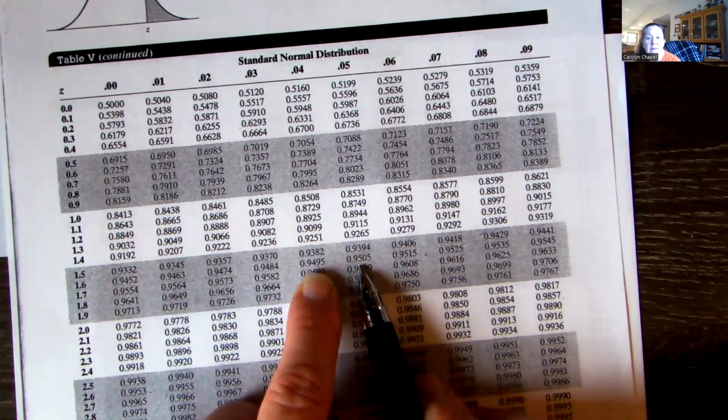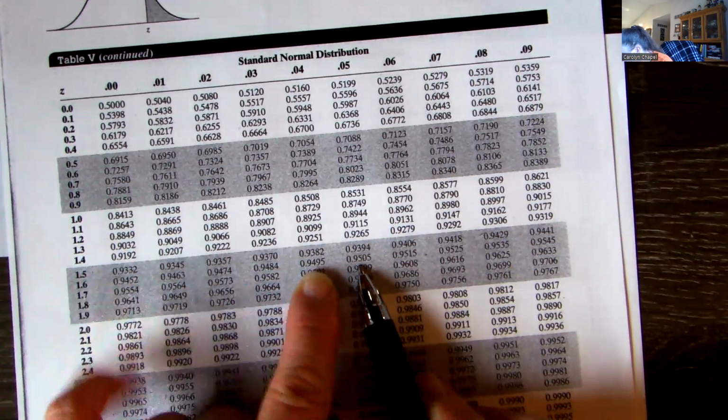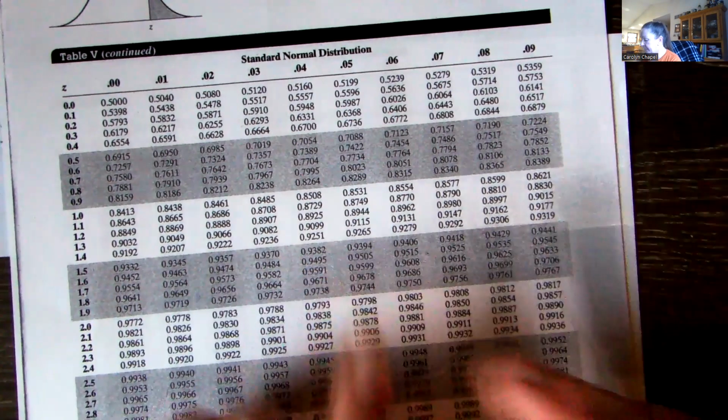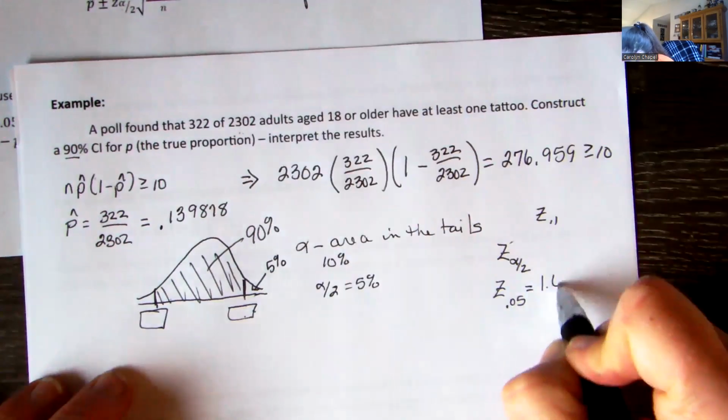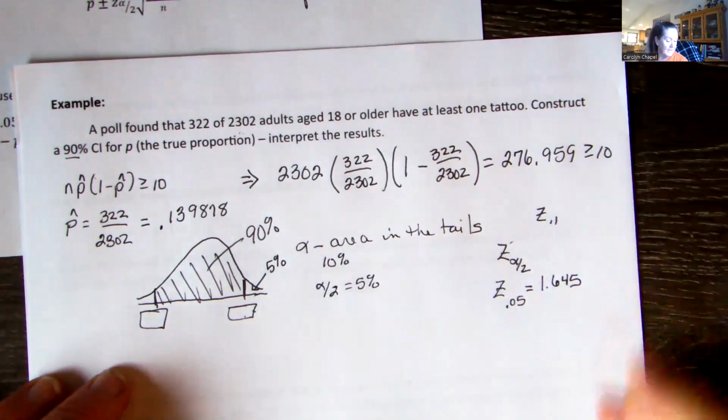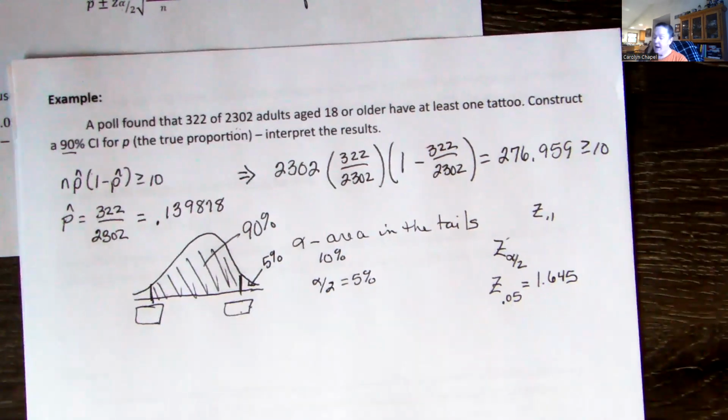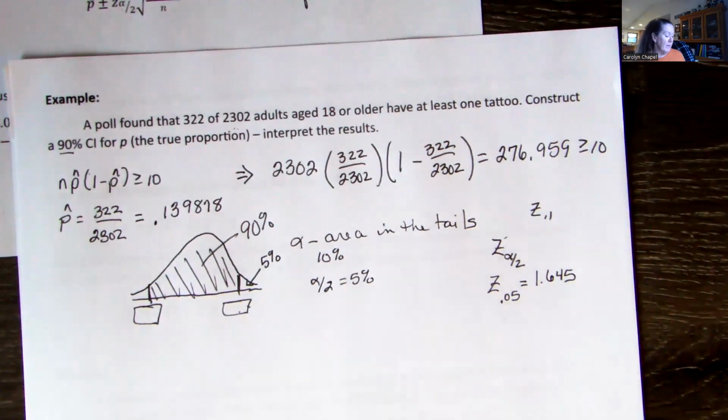So right here between these two. And it is smack dab between those two. So I'm going to use the middle of those, which is 1.645. So that's my z.05 is 1.645.